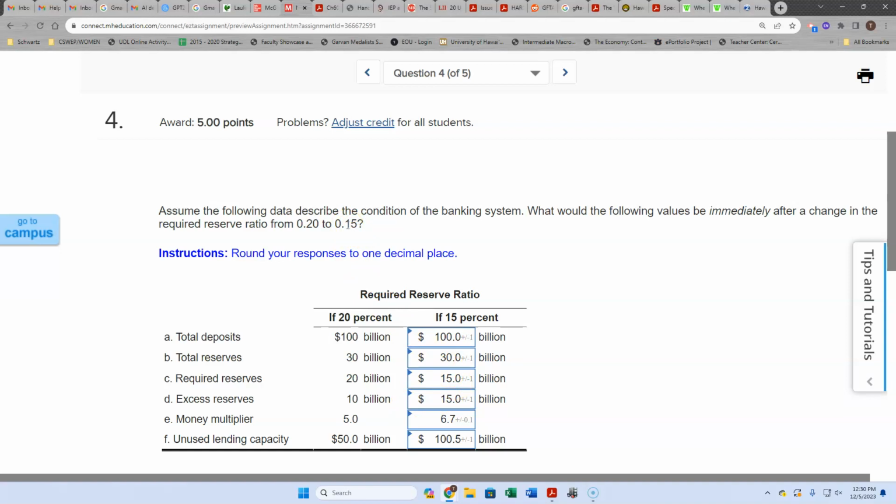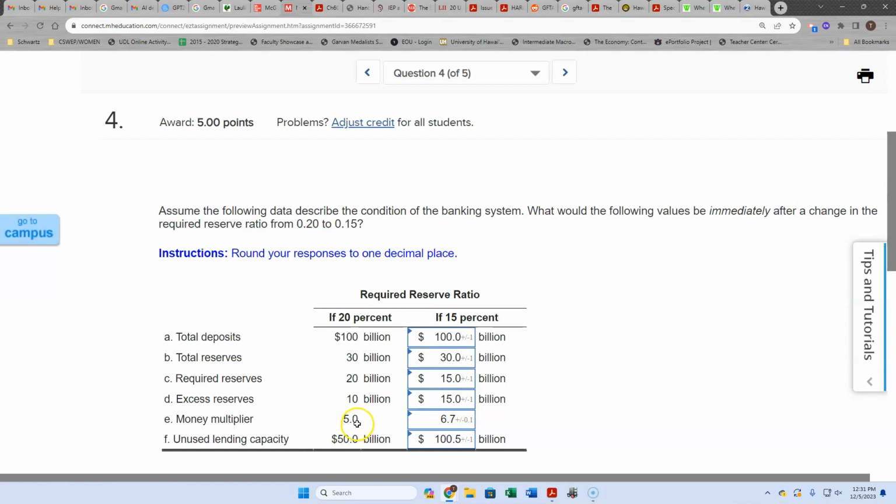Then the difference would be how much excess reserves I have. If I had total reserves of 30 billion, my excess reserves would have been 10, because that would be 30 minus 20. If my reserves were 30 and I subtract the 15, now I would have 15 billion in excess reserves.